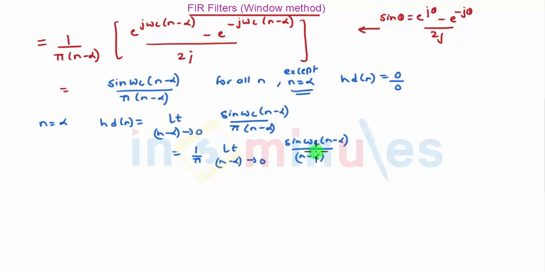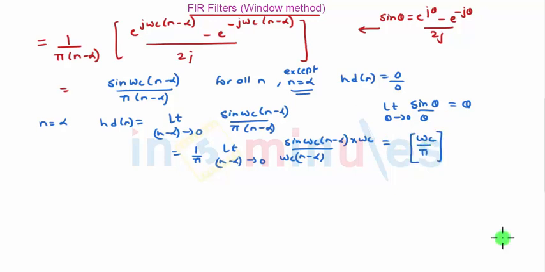Here we need to multiply omega c in the numerator and denominator. So it becomes of the form sin theta by theta, and by definition the limit as theta tends to 0 of sin theta by theta is equal to 1. So multiplying omega c in numerator and denominator, finally we get the term omega c by pi.